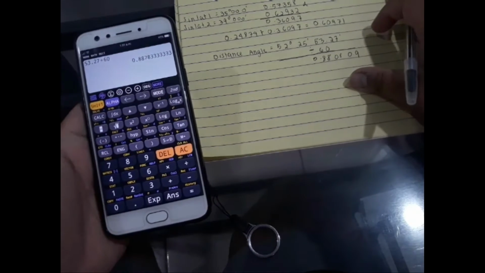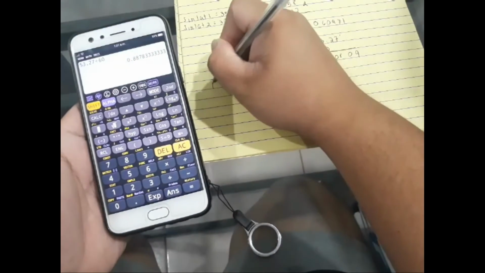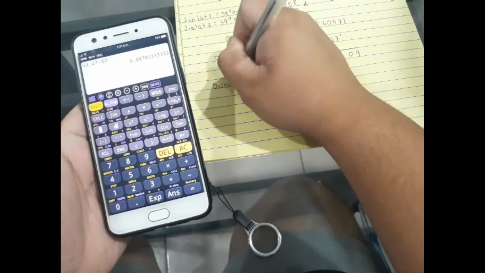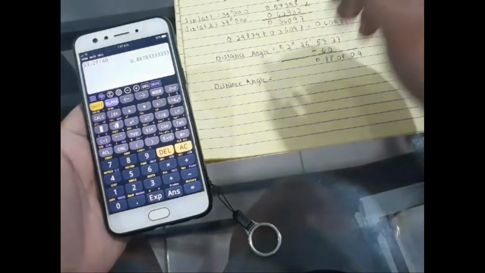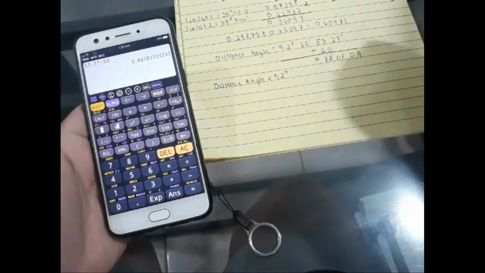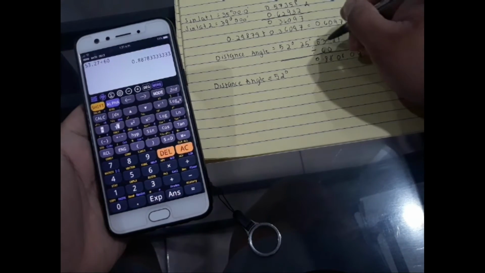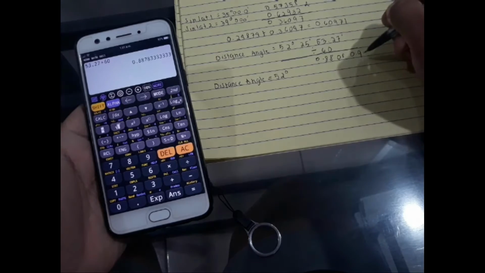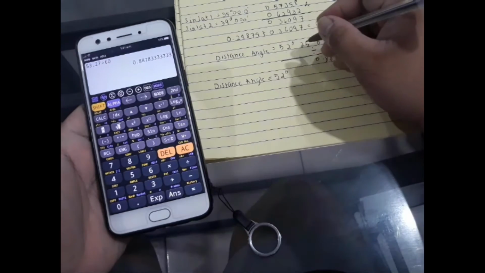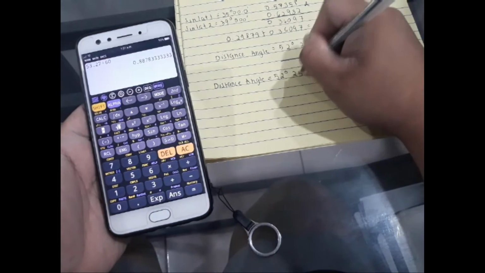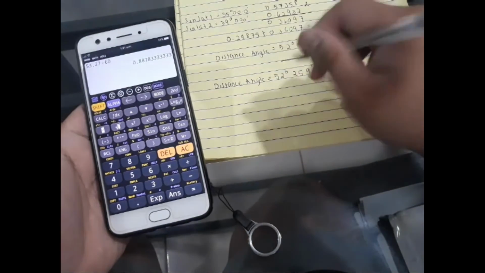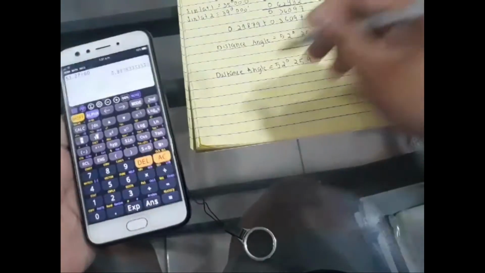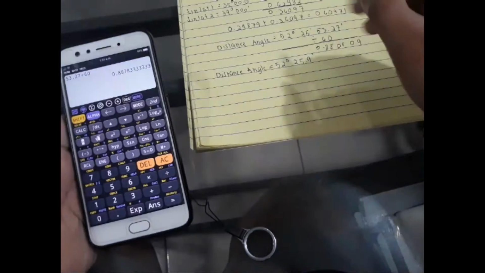So the distance angle is 52 degrees, and of course we divide by 60, so we get 0.9: 52 degrees and 25.9 minutes. That is our distance angle. Now we will get the GCD.